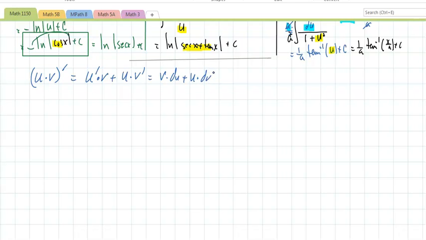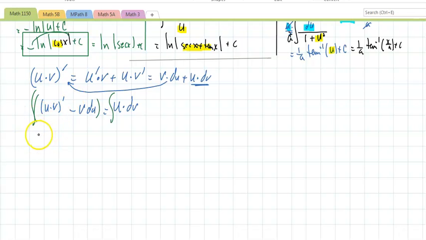And if I solve for u dv, that is, if I move this to the other side, I could say that u dot dv equals u times v prime minus v du. And now if I integrate, I will get the integral of u dot v prime minus the integral of v du equal the integral of u dv.